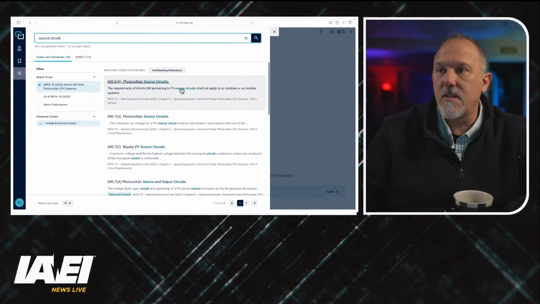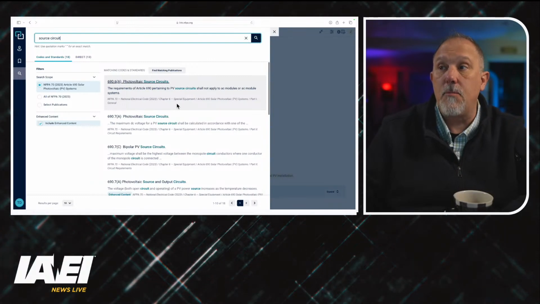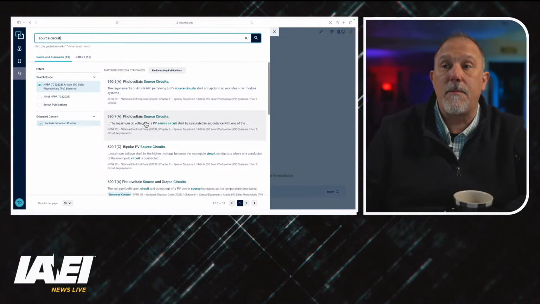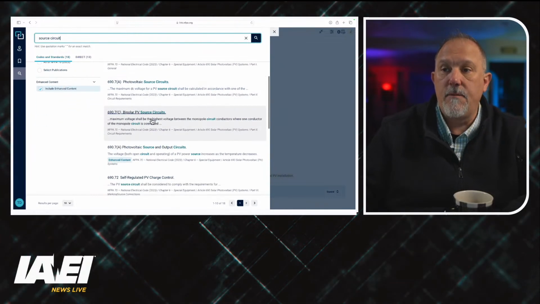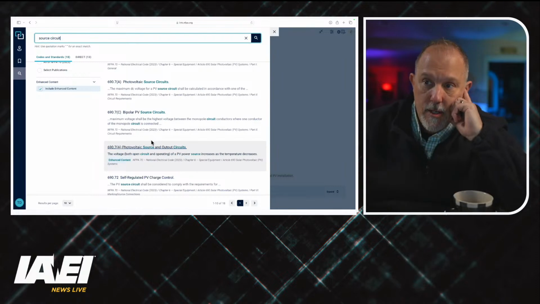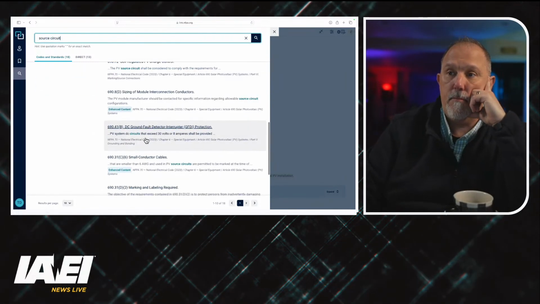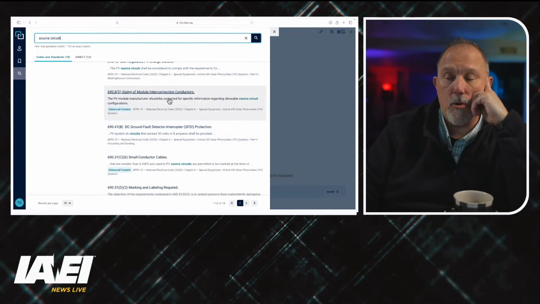It says the requirements of 690 shall not apply to AC modules or AC module systems. The maximum DC voltage shall be calculated. So what I'm looking for, we have sizing requirements.